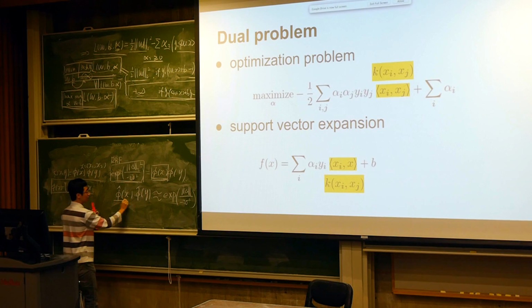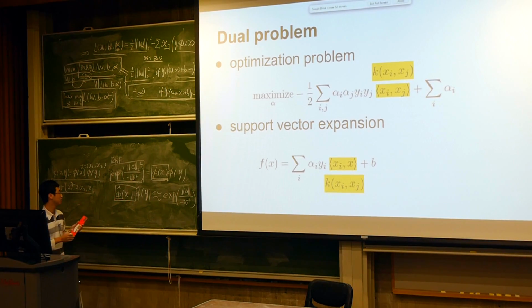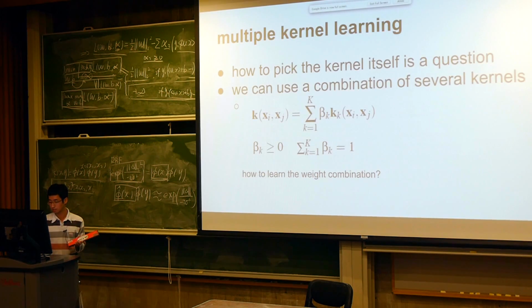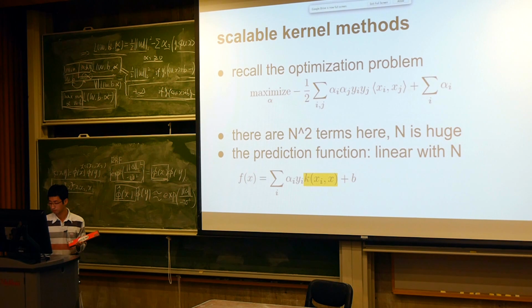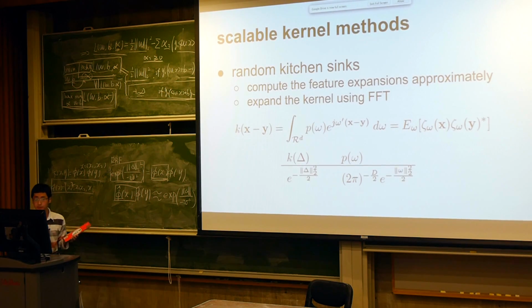We want to find such a function which can do the approximation. And here's one way to do this, called random kitchen sinks.